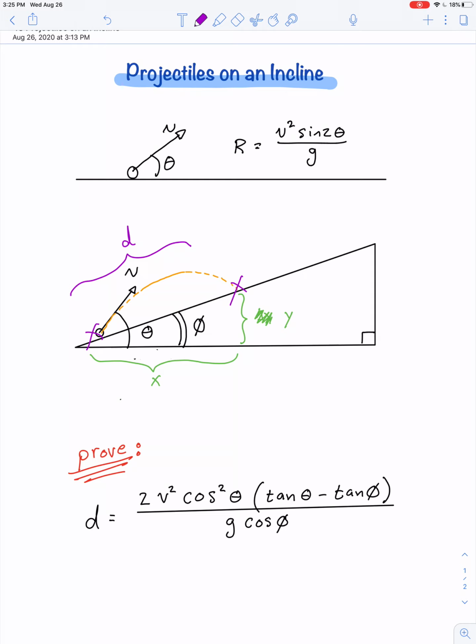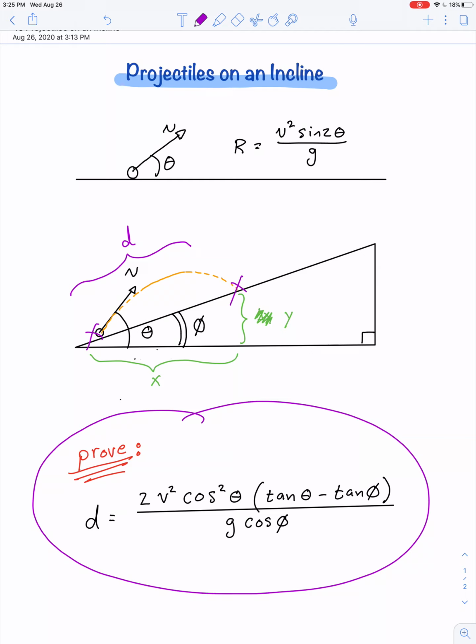Here's the challenge. Prove the following expression is correct, that you can determine what the distance along the incline is, provided you just know three variables. As long as you're given the speed, the angle theta that describes the angle between horizontal and the initial velocity vector, and provided you know the angle phi, which describes the angle of the incline itself.